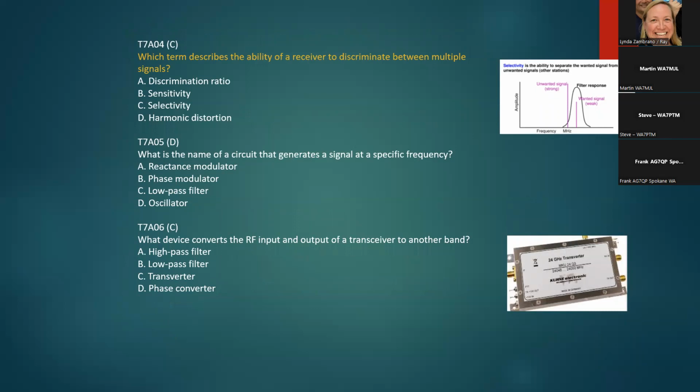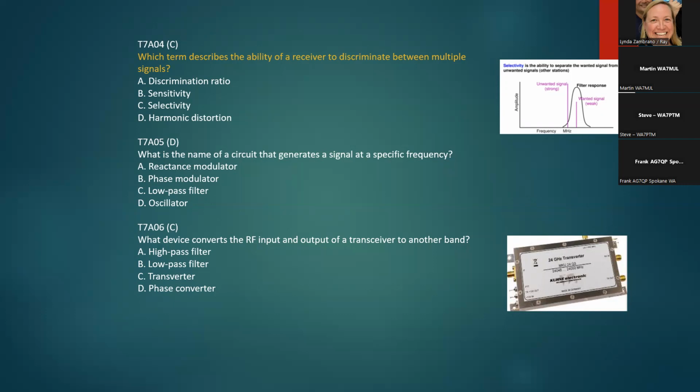A4, which term describes the ability of a receiver to discriminate between signals? Well, to discriminate means to select.